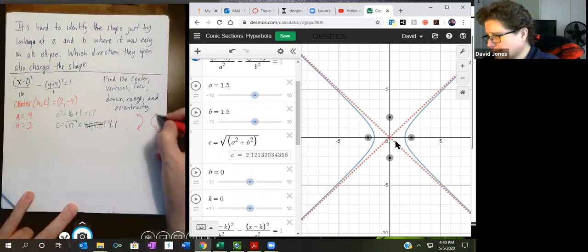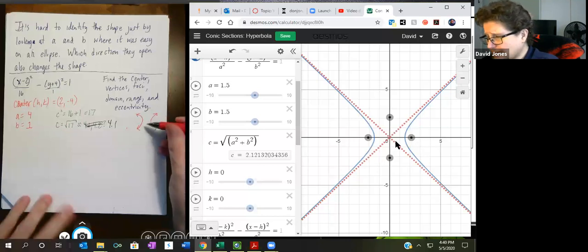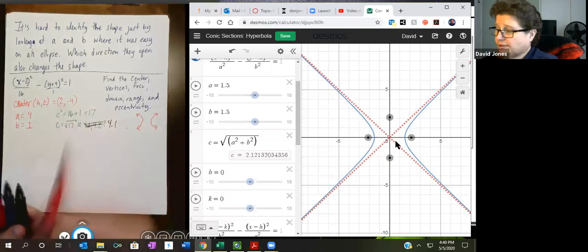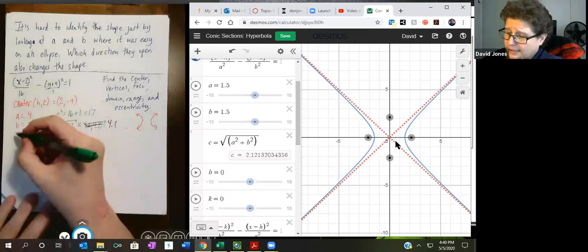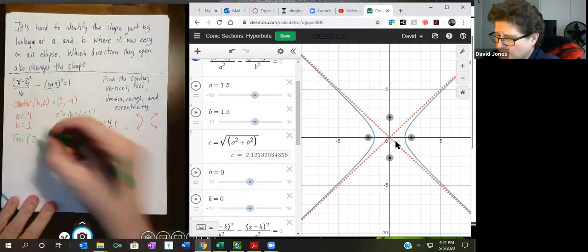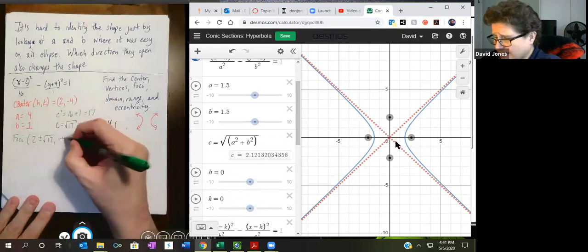The arrows point along the same direction as x, which means C gets added to H and subtracted from H. The foci are at 2, and then we're going to add or subtract the square root of 17, and we still have K as -4.